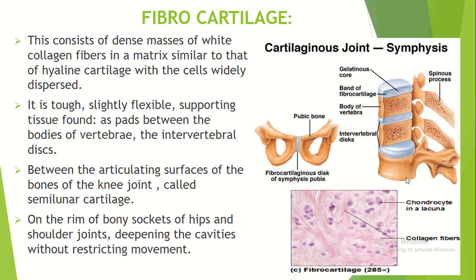So this is a vertebral column. There we can see the intervertebral disc. Between two vertebral bodies, in the intervertebral disc, we can find this fibrocartilage. It is tough and slightly flexible, and a supporting tissue. Between the articulating surfaces of the bones of the knee joint is the semilunar cartilage.